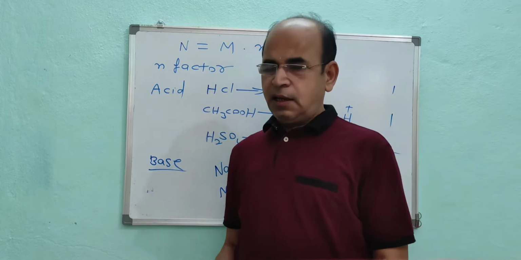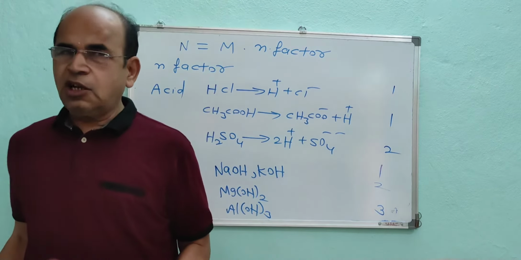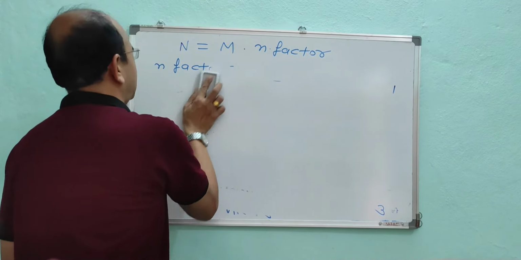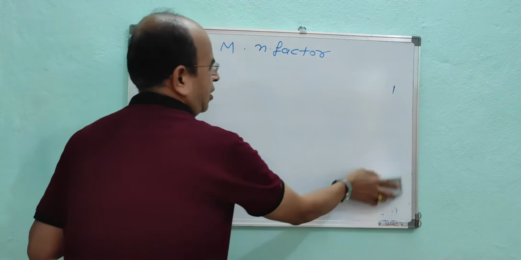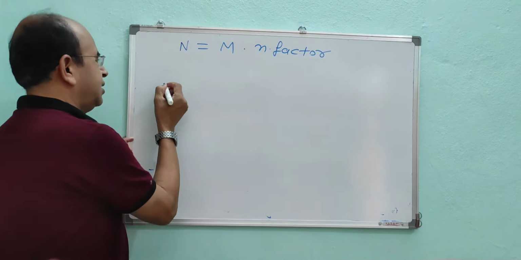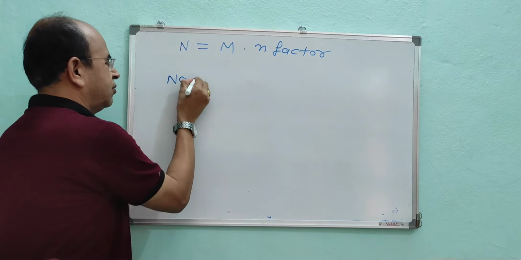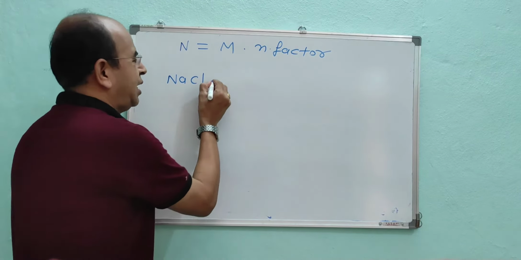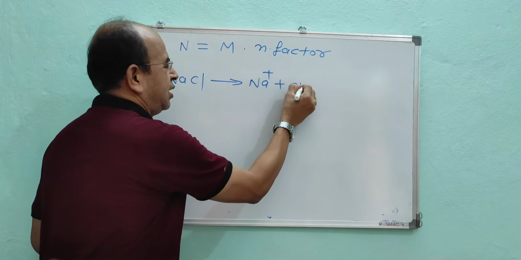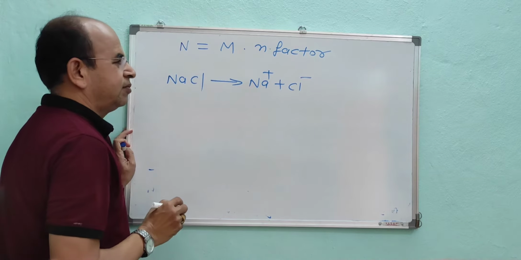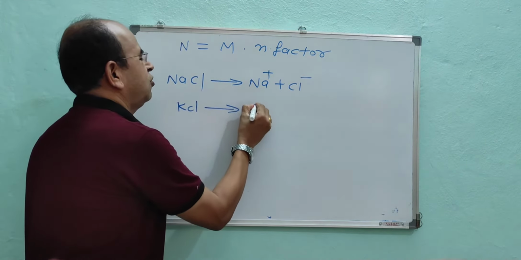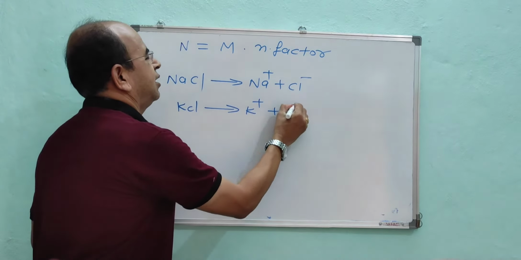Then N factor in case of salt. In salt I will take the example of NaCl. NaCl is a salt. Which ions does NaCl produce? It produces Na positive plus Cl negative. KCl gives K positive and Cl negative.